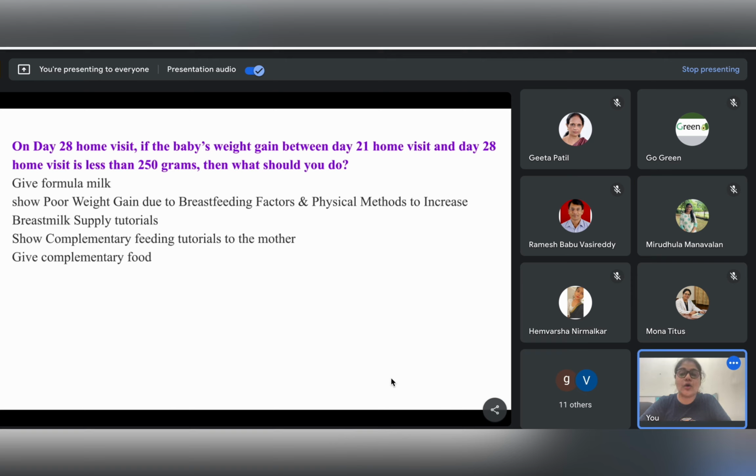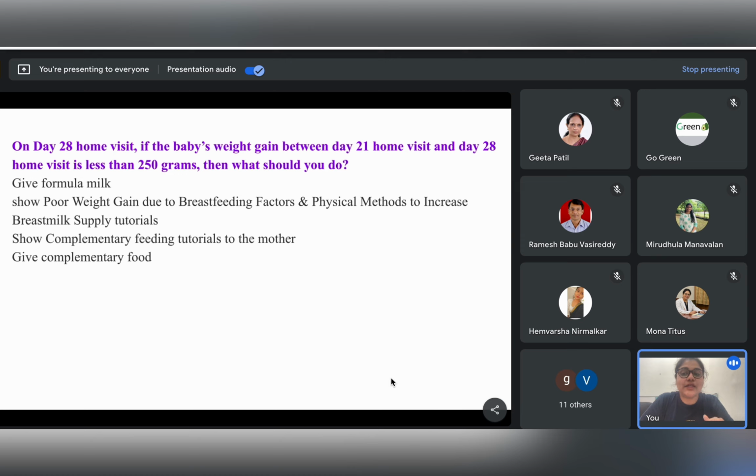So definitely option A cannot be an answer, right? Option B, show poor weight gain due to breastfeeding factors and physical methods to increase breast milk supply tutorials, right? This definitely can be an answer, but what if somebody is not sure?